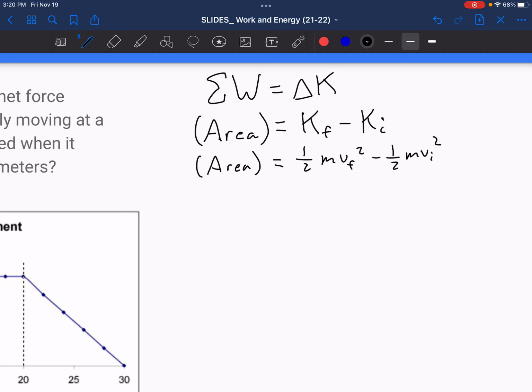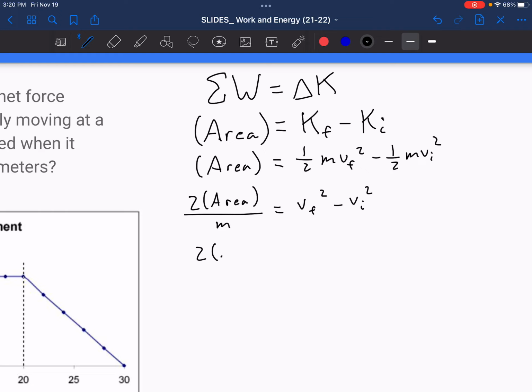So I'm going to multiply both sides by 2 and divide both sides by m. We have 2 times area over m is equal to Vf squared minus Vi squared.